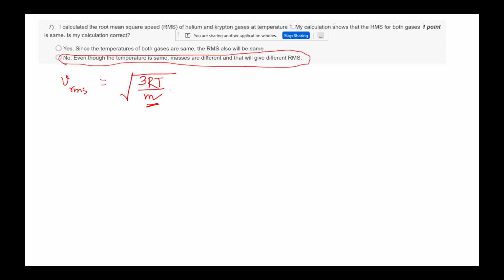Krypton and helium have different molecular or atomic weights, because in the periodic table they are different. They do not have the same number of protons and electrons. They do not have the same mass. They have the same temperature, so masses are different. That will give different RMS, right? Masses are different.